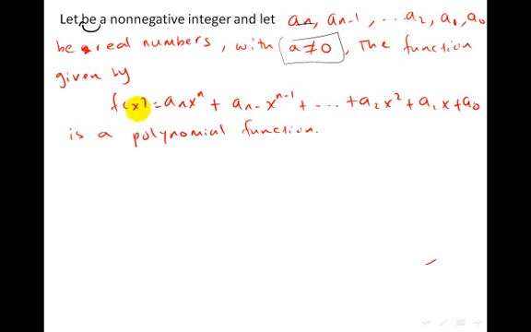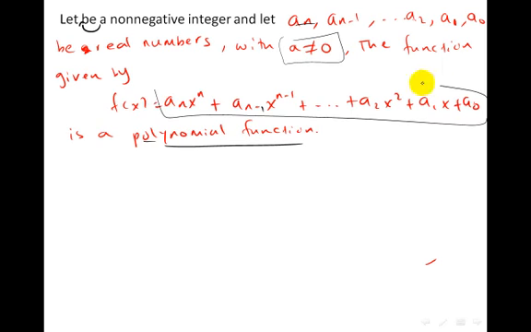So the function that's given by f of x equals a sub n x to the power of n plus a sub n minus 1 x to the power of n minus 1 plus a sub 2 x squared plus a sub 1 x plus a sub 0 is a polynomial function. So if you have anything written in this form, you can call it a polynomial function.